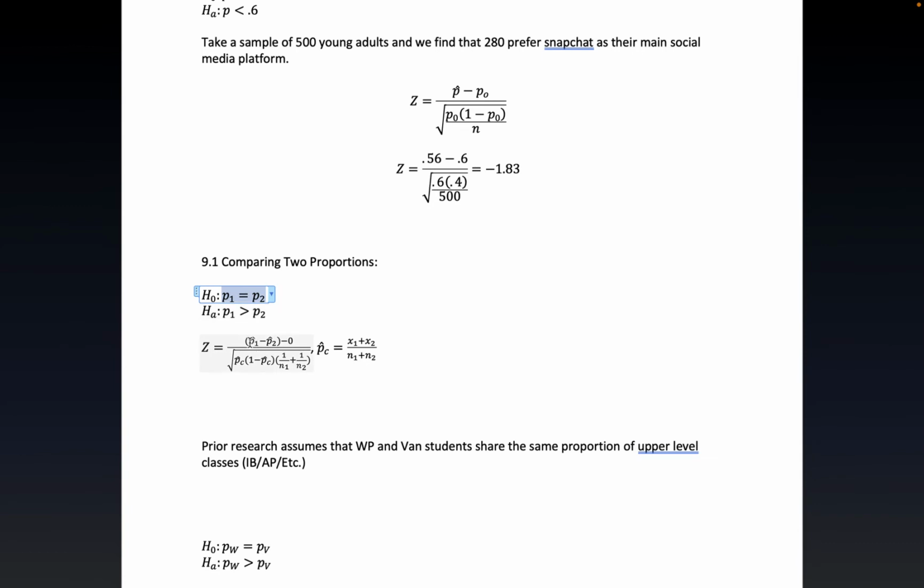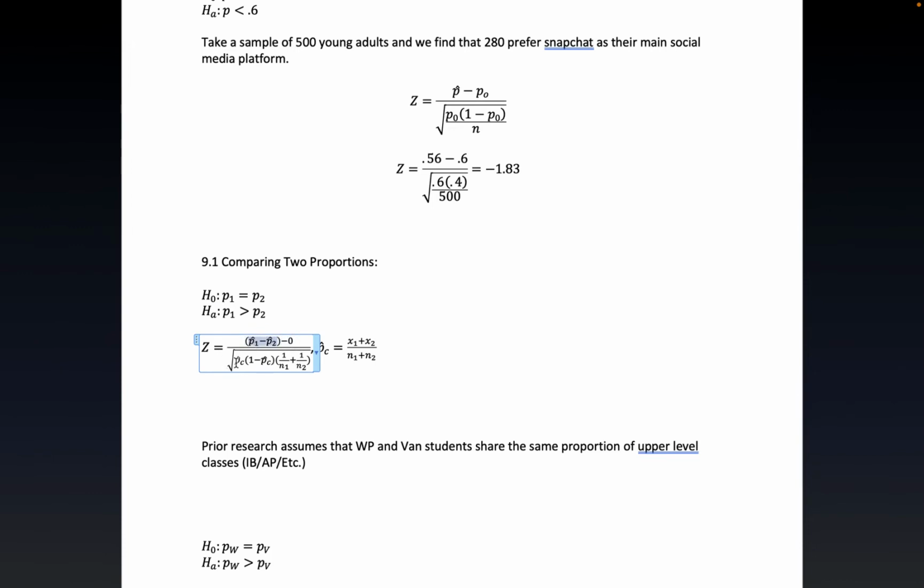So when you compare two objects by subtraction, you would expect that subtraction would be 0 if they were the same. 5 minus 5 is 0. 20 minus 20 is 0. 80% minus 80% is 0. So if the null hypothesis says we need equality, then we're comparing the difference that we get from our samples to 0.